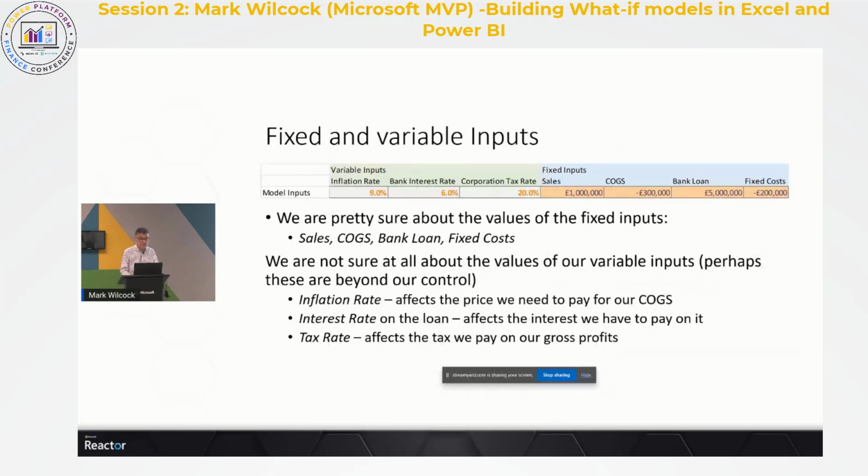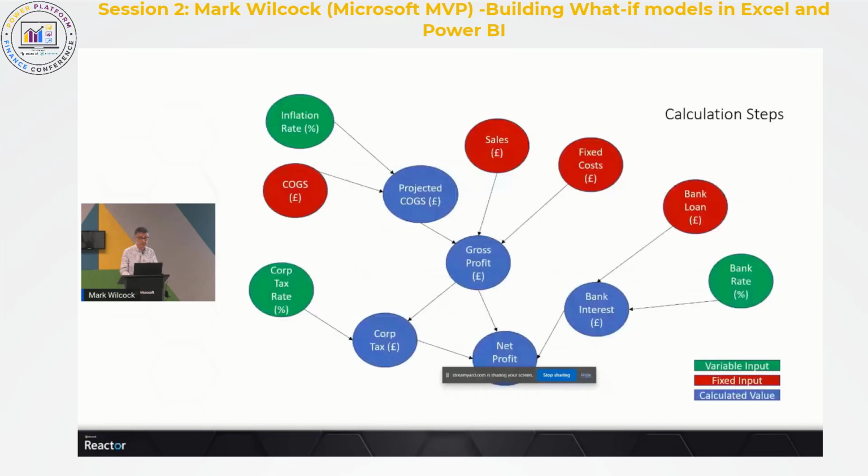So that's what our model is going to be. With the what-if model we have a cascade of calculations. Those red and green circles on the outside are our initial data, our inputs, and then they create calculations like our projected COGS, and then there's a cascade of calculations down to our final, most important results. All roads may lead to Rome, but all arrows here lead to our net profit, and that's what we'll be looking at.